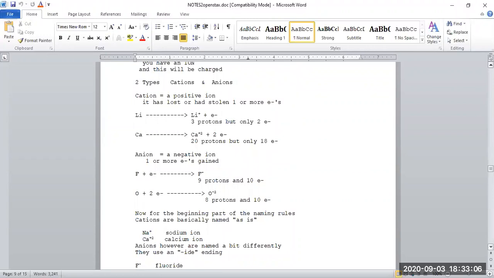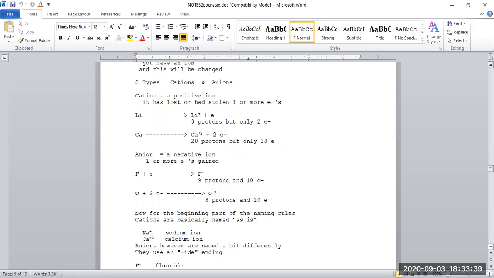Now, one of the things that you will find is inconsistent between various textbooks and various websites: some textbooks will write the number and then the charge, like 2 positive, 2 negative. I learned it the other way, and part of me thinks from a number line point of view, it makes more sense to write +2 or -2 or -3.